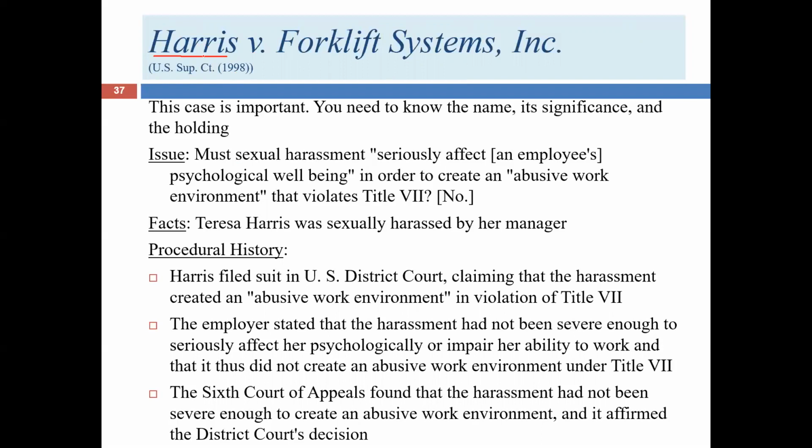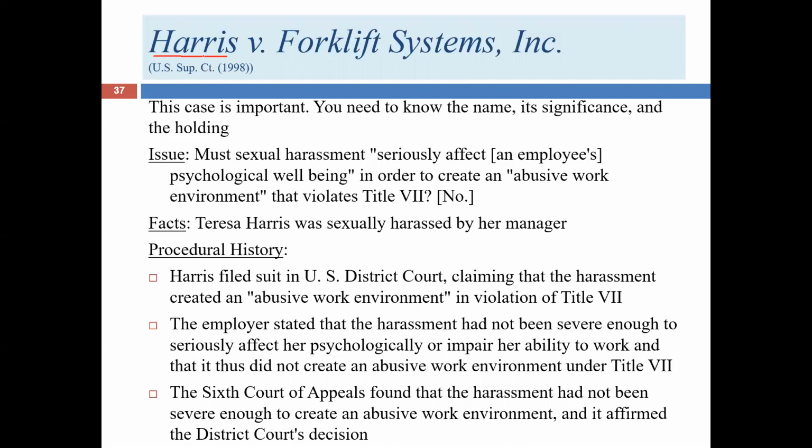During those 12 years, we knew that there was a hostile work environment sexual harassment claim that was possible, but we really didn't know exactly what that ought to look like. You can see how that could be an unsettling time period for both plaintiffs and defendants. But Harris did help us resolve many of those issues.